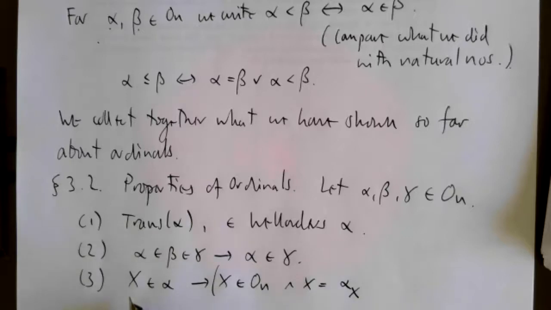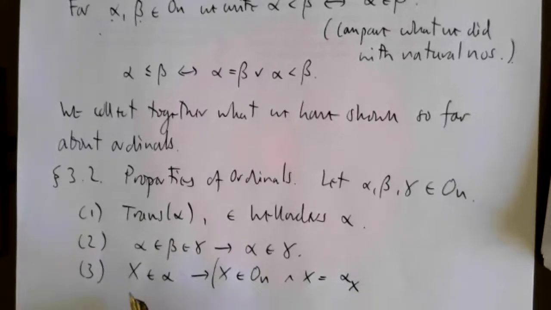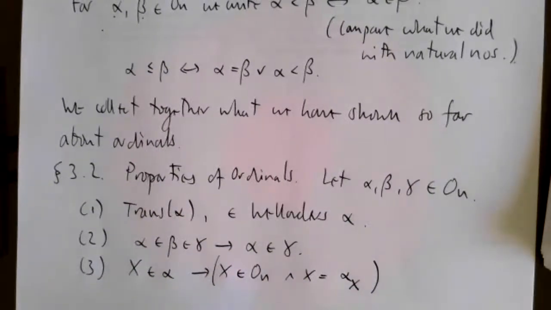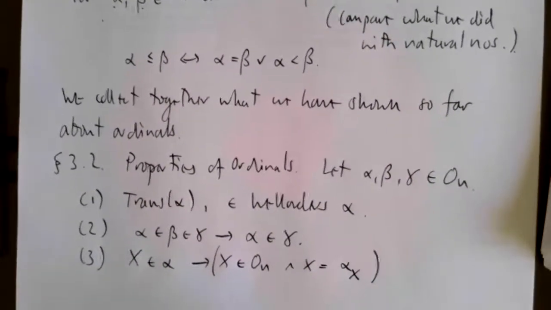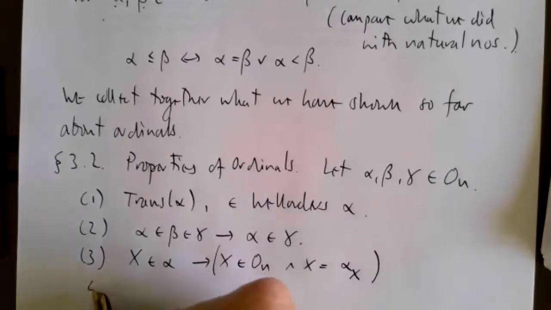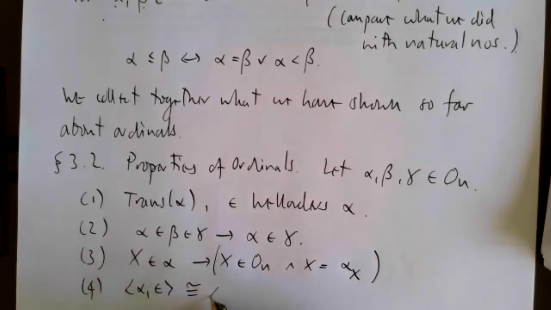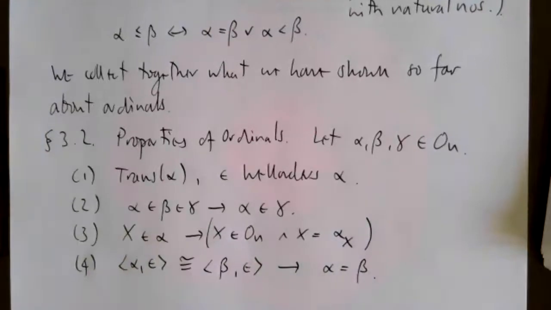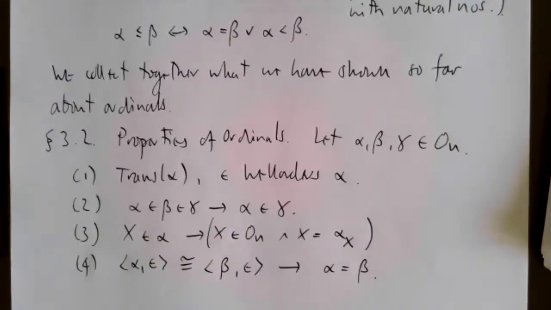So it's both an element and a subset, of course, because alpha is transitive. We showed that if two ordinals were isomorphic, then actually they are the same set. Right? So this is important.